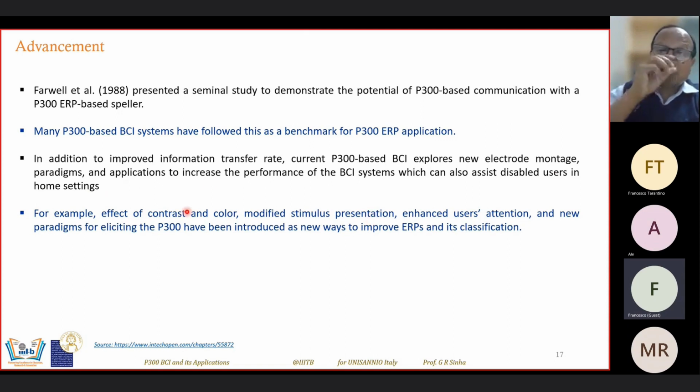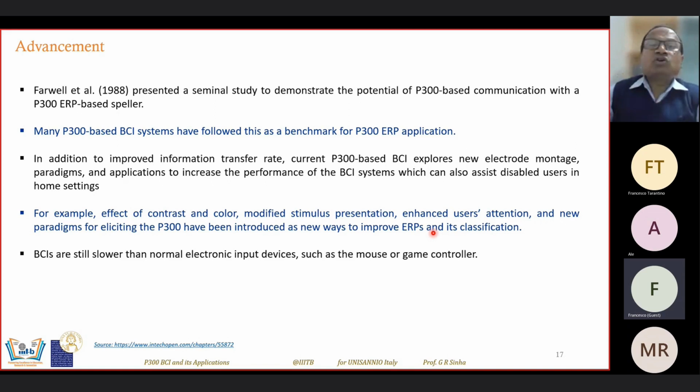Can we change the contrast and color of the stimulus? Enhanced user attention and new paradigms for eliciting P300 have been introduced as new ways to improve ERPs and their classification. The aim is to improve the performance of ERP so that users' intents can be properly interpreted, and we can serve the needs of users.